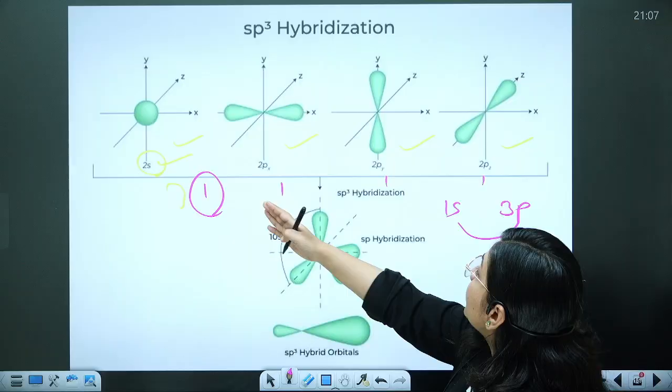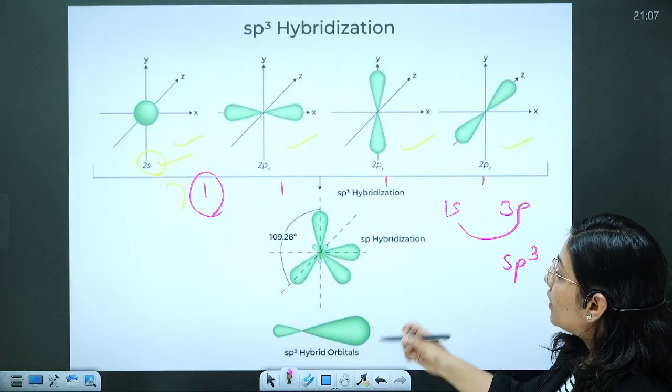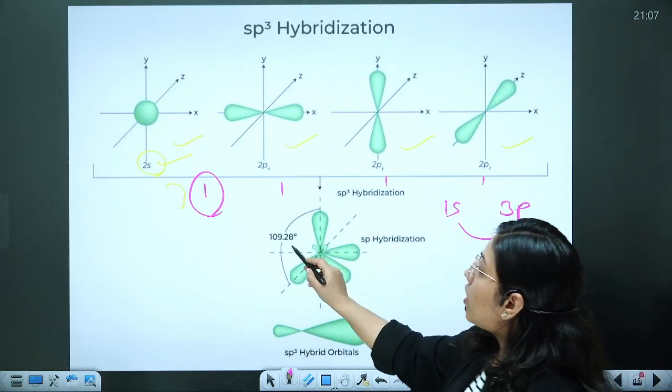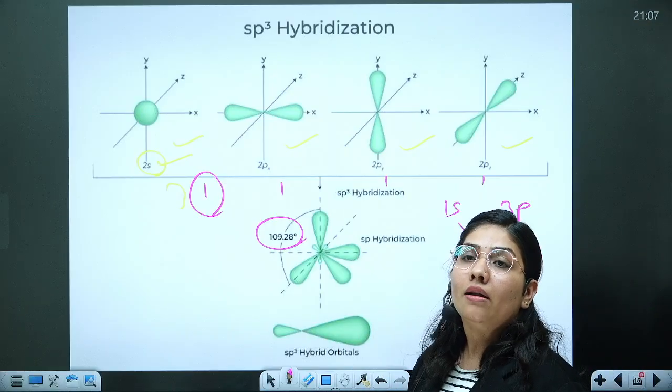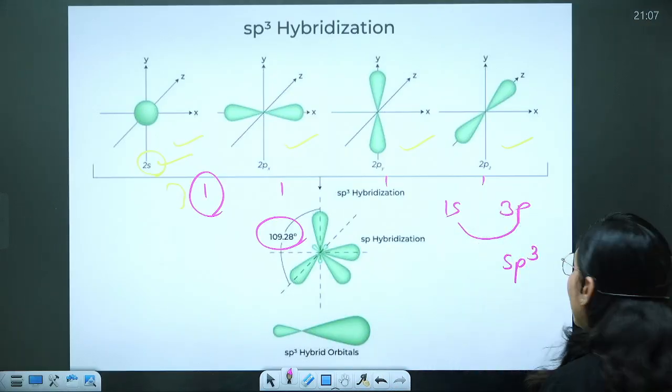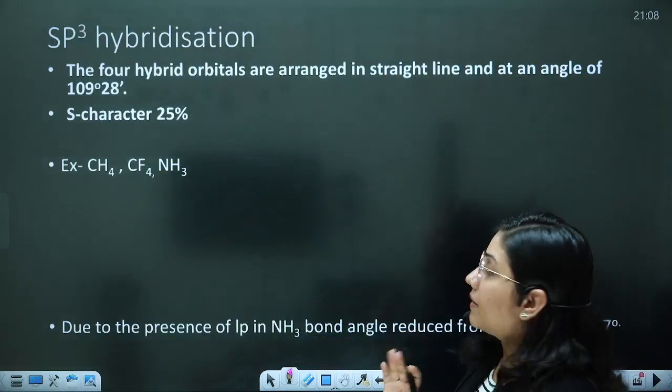Now after combining this, we will get sp3 hybrid orbitals, and they will look like this with the bond angle 109 degree, 109.28 degree, okay.